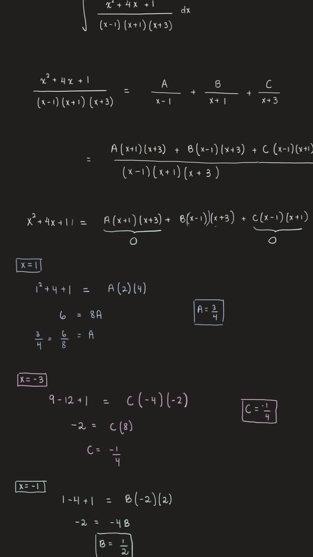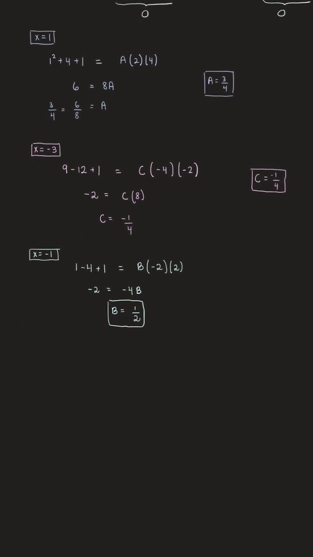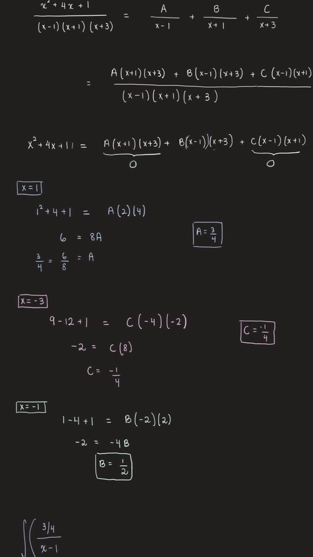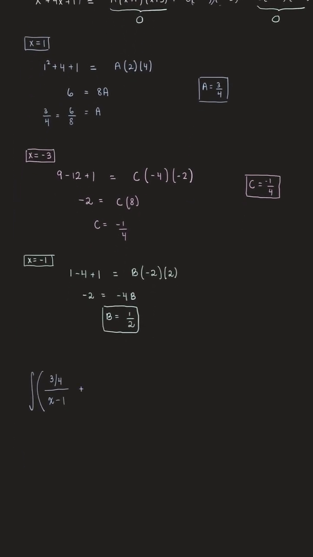All right, so we've got a over x minus 1, where a is 3/4. So let me copy this here. a is 3/4, so we've got the integral of 3/4 over x minus 1. Then b over x plus 1, where b is 1/2.